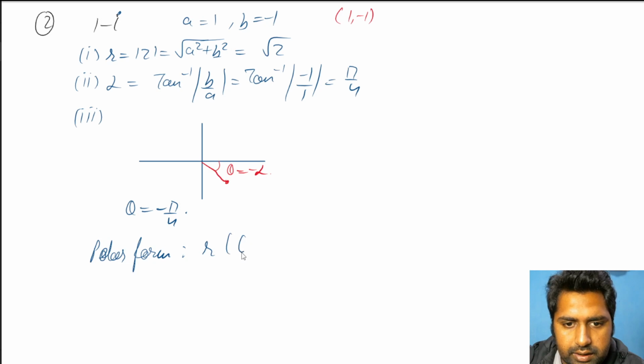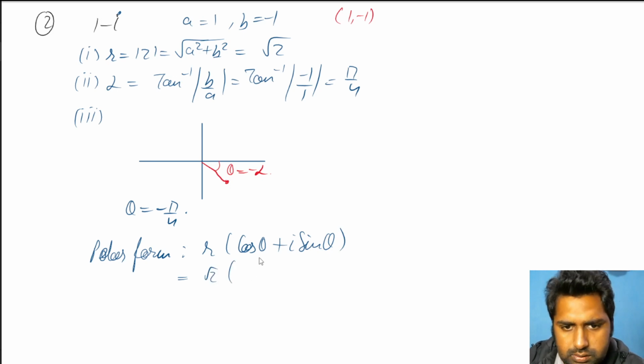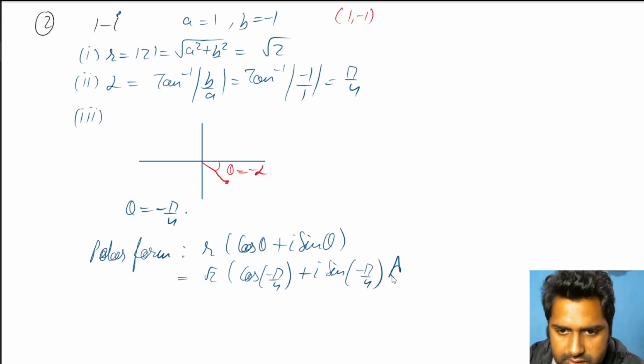That's r (cos theta + iota sin theta). r is root 2. Root 2 (cos of minus pi by 4 + iota sin of minus pi by 4). And that's it. You don't solve it any further. That's your answer of polar form.